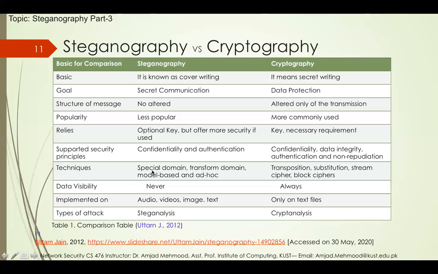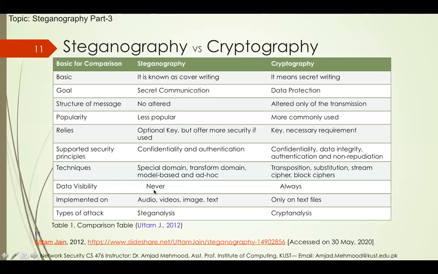Techniques: spatial domain, transform domain, model based and ad hoc systems are used in steganography, whereas in cryptography, transposition, substitution, stream cipher and block cipher techniques are used to convert the plain text to cipher text.